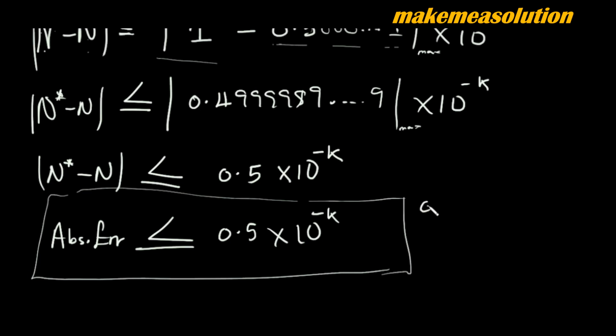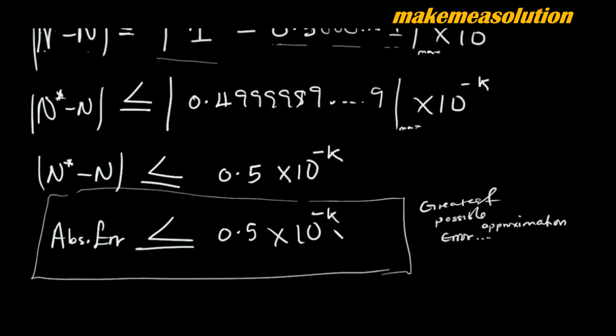We call it the greatest possible error, or greatest possible approximation error. So the greatest possible approximation error, or greatest possible absolute error that we can get, is guided by this particular equation.